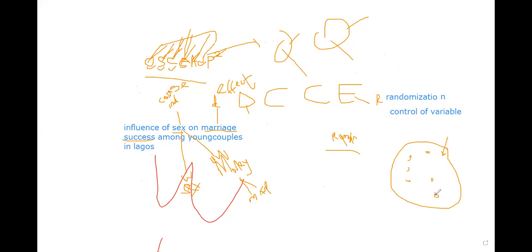For me to take my sample to have an equilibrium sample that will have almost the same characteristics, even though they are different, what I do is I randomly pick a sample.